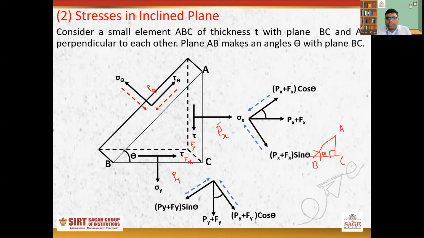The direction of this Px is acting perpendicular to plane AC, and this force Py is acting perpendicular to the plane BC.